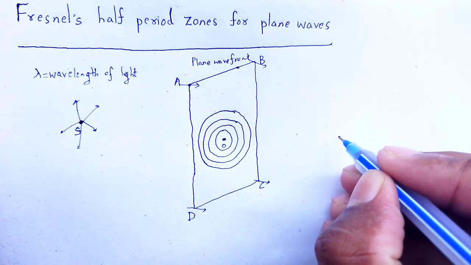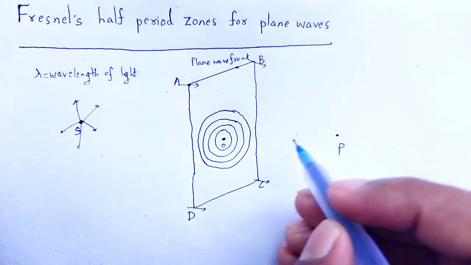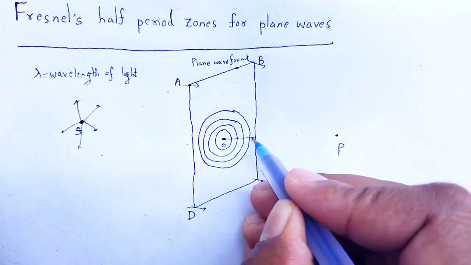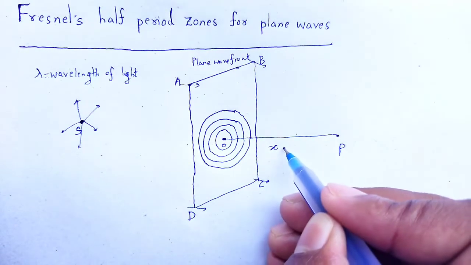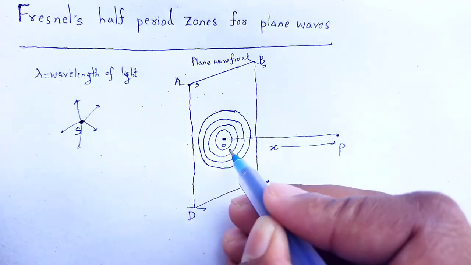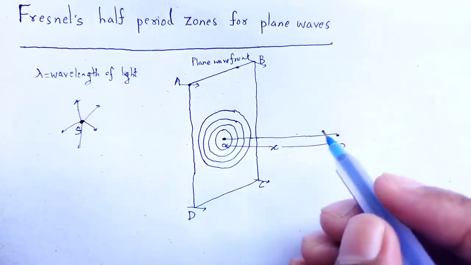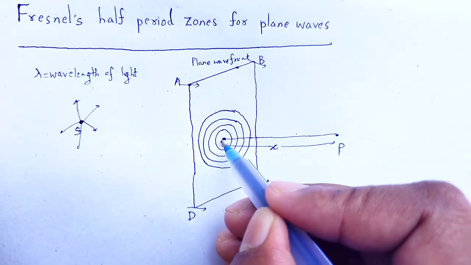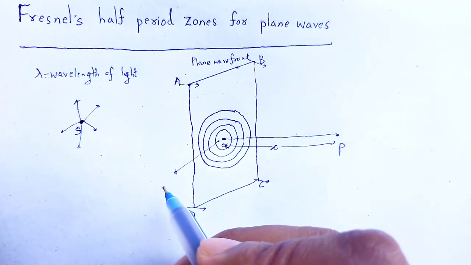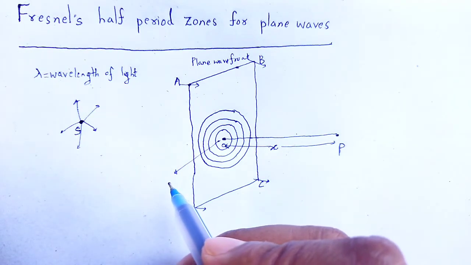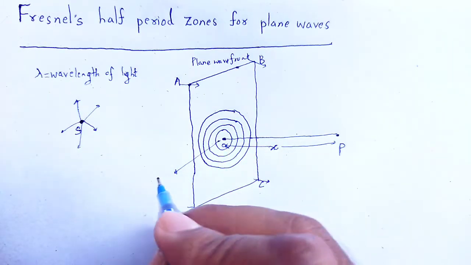Let me consider a point P, which is at a distance x from point O. Point O is known as the center, the pole of that wavefront.